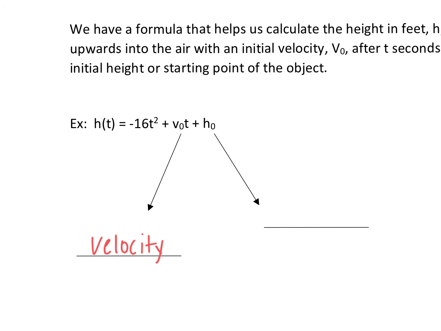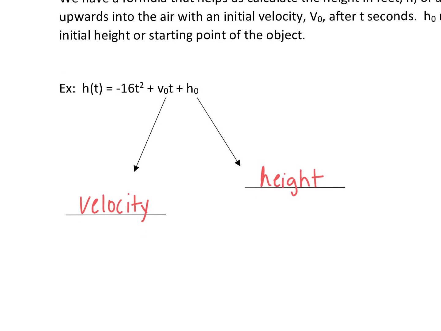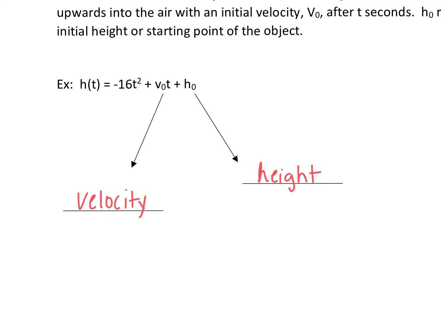So the initial velocity, which is another science term. Okay, and then we've got the height. So, for instance, if I kicked a soccer ball off the ground, okay, what would the height of that soccer ball be from the beginning? It would be 0, okay?